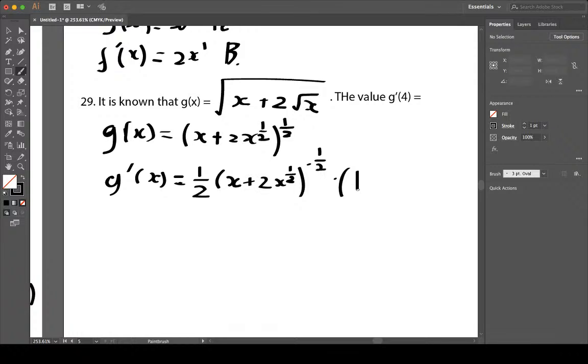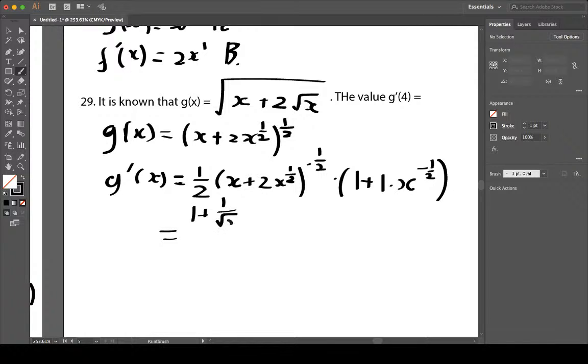So 1 times 1, that's 1. Multiply that by x to the power of 1 minus 1, that's 1. Add this to 2 times half, that's 1, times x to the power of half minus 1, that's negative half. So what do you get here? Basically, what you get is 1 plus the square root of x.